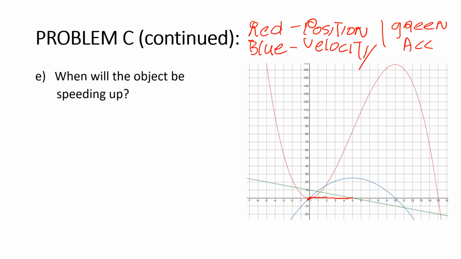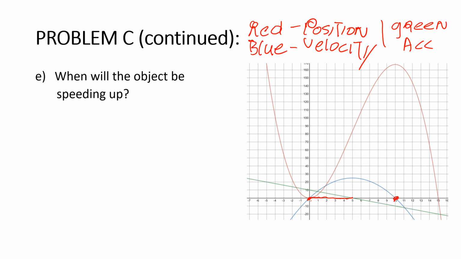Now what happens after 5 is that although my velocity is still positive, my acceleration now went negative. So that section doesn't qualify anymore. So anywhere between 5 and 10 doesn't qualify. But look what happens after 10. Here I'm at the 10-second mark now.